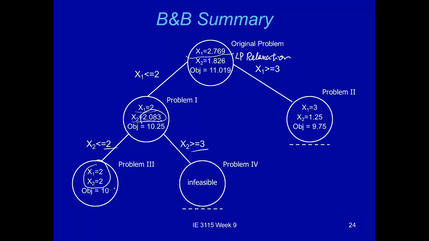And you compare. This is better than this subproblem's objective function value. So we know we are done here. Note, in some cases, once you branch x2, x1 may turn back to a non-integer. If that happens, you continue to branch on x1 in the next step. So whichever is not an integer, you branch on that one until you find the integer solution.